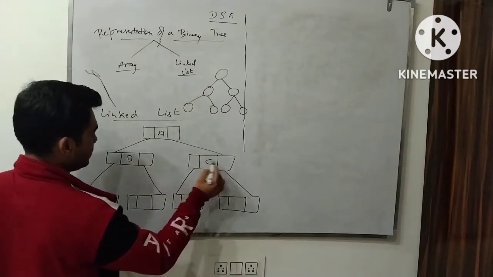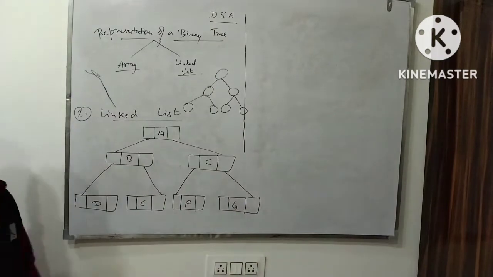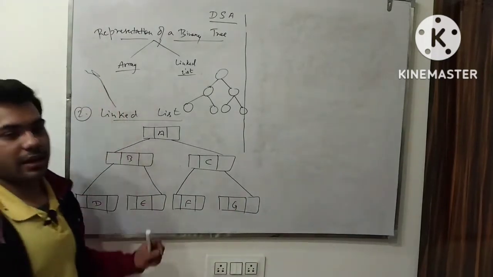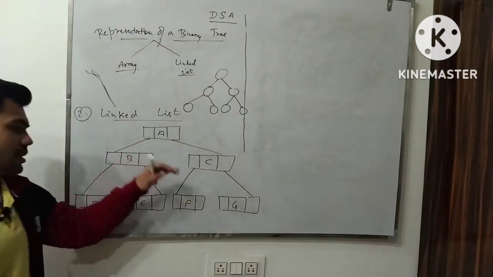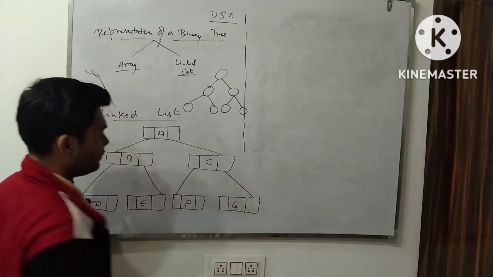A, B, C, D, E, F and G. The elements we have taken for the array, I am taking the same for the linked list also: A, B, C, D, E, F, G.